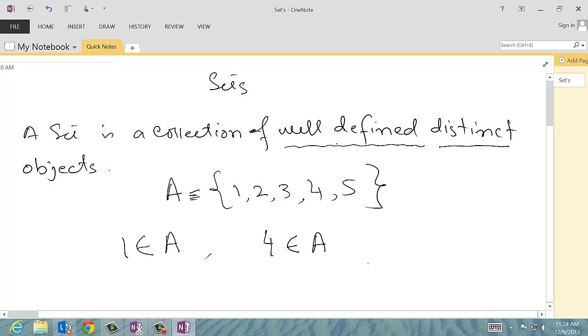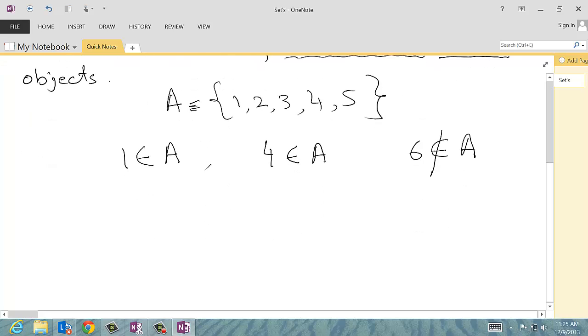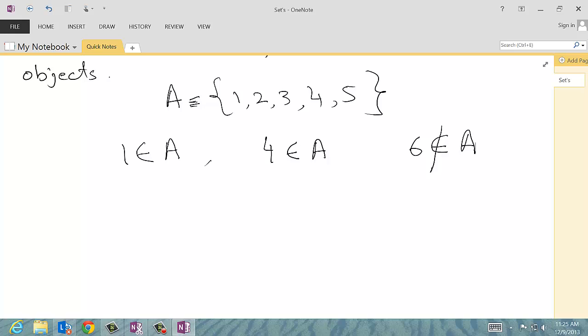But what about if there is an element which is not a member of the set? For example, 6. 6 is not a member of set A, and that's why, if we have to, we will write 6 does not belong to set A. So it's very important to understand how we are going to develop our vocabulary of mathematical symbols and terms.